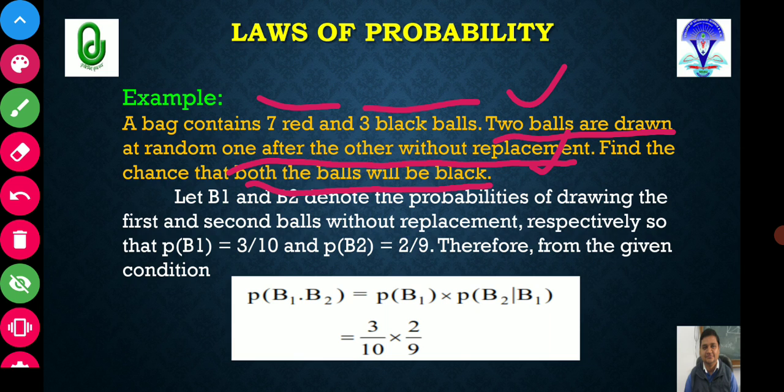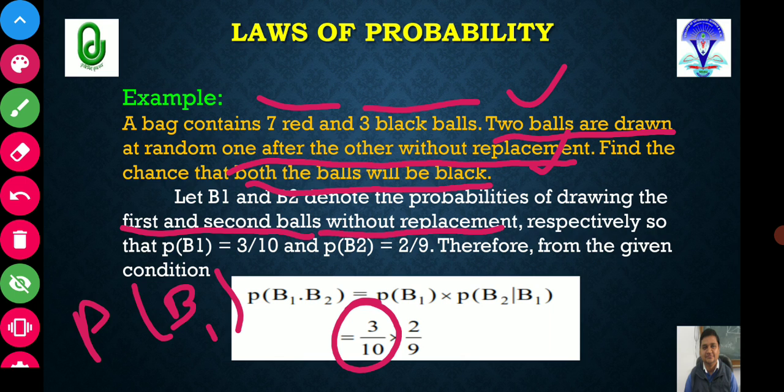Let B1 and B2 denote drawing the first and second ball without replacement. What will be P(B1)? It is the probability of drawing a black ball. You have only 3 black balls out of 10, so the probability will be 3 by 10.